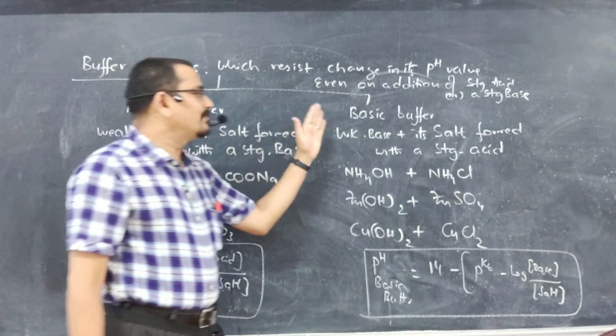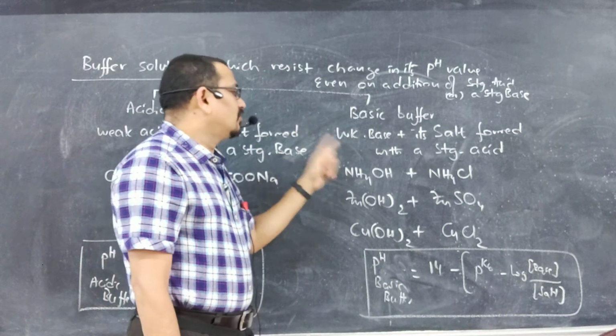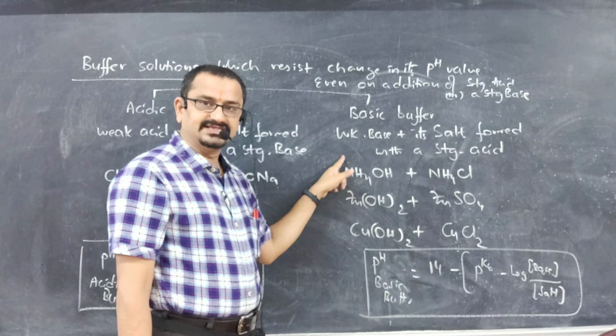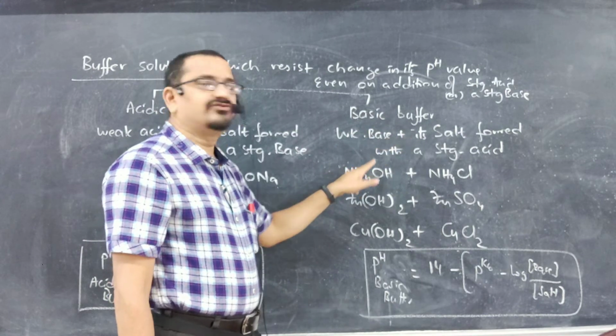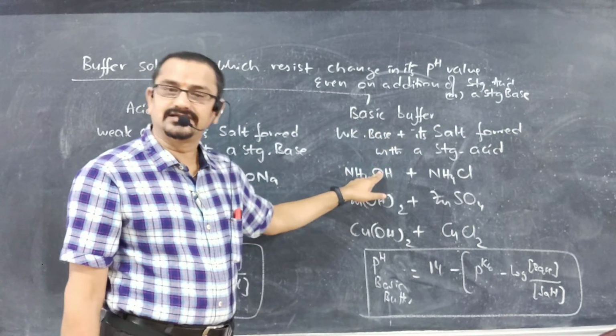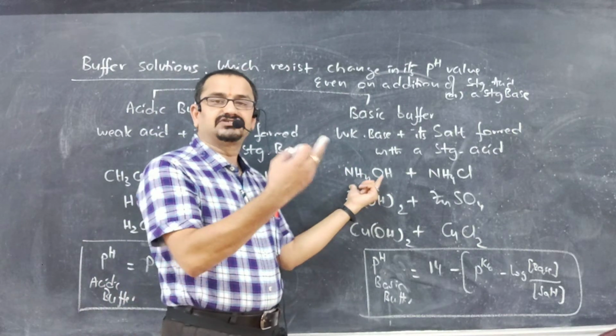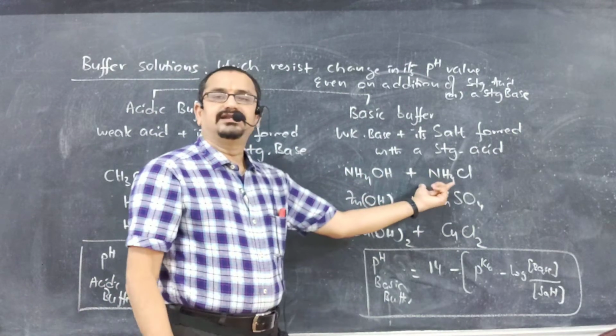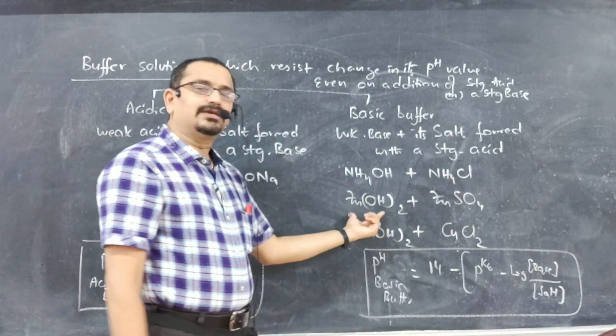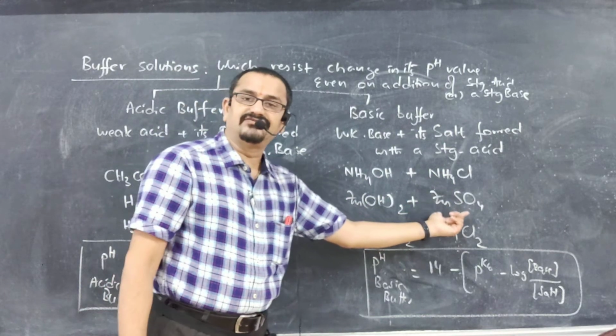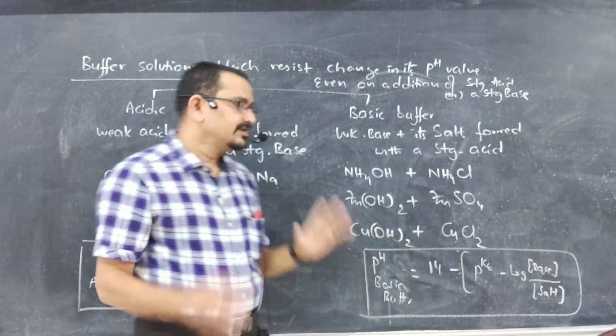A basic buffer is a combination of a weak base and its salt formed with a strong acid. A weak base, when it reacts with a strong acid like HCl, forms NH4Cl.